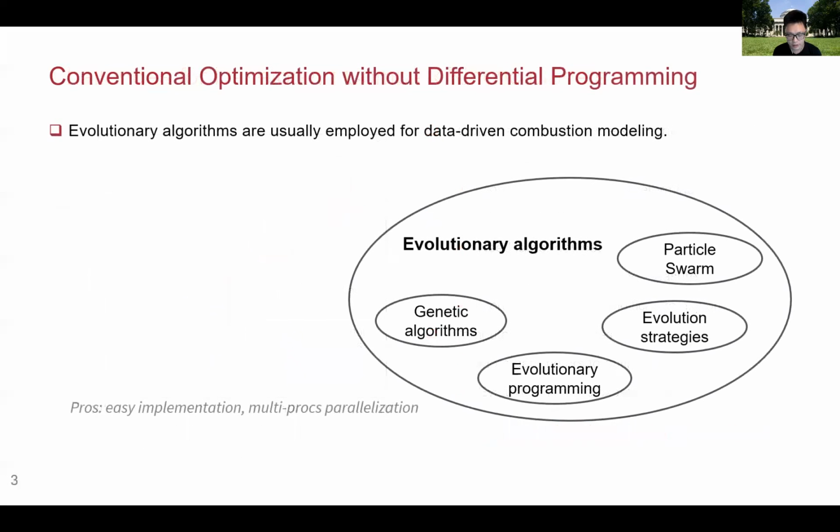Before jumping to differential programming, let's first review how we do optimization. In the past, we normally used evolutionary algorithms to optimize combustion models, such as genetic algorithm and particle swarm. Those approaches are very easy to implement, and we can very easily parallelize the optimization.